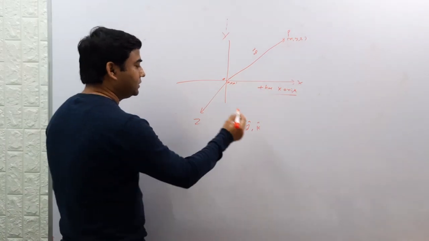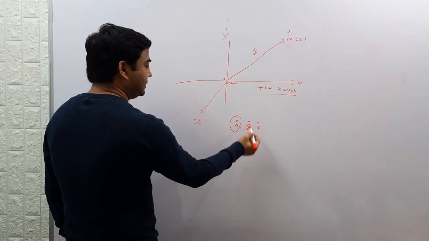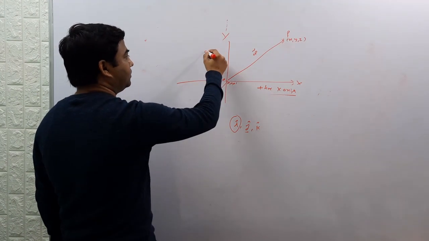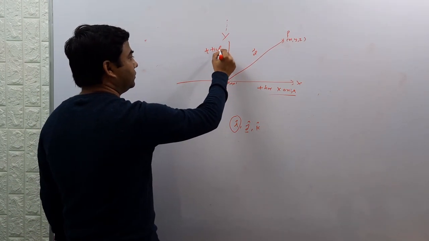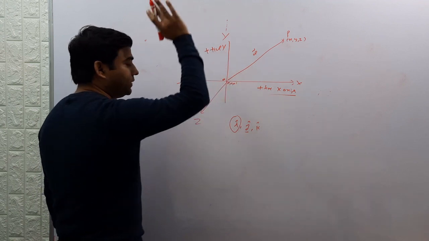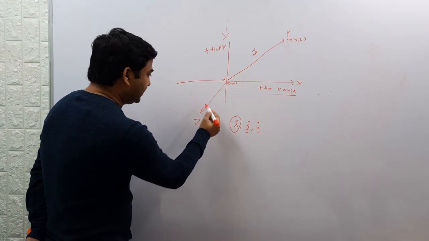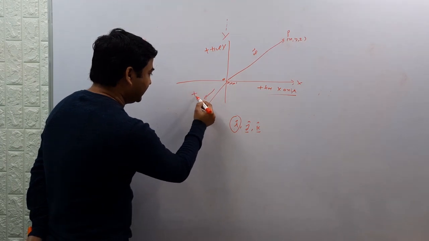Similarly, J is a unit vector in the positive y direction, and K is a unit vector in the positive z direction.